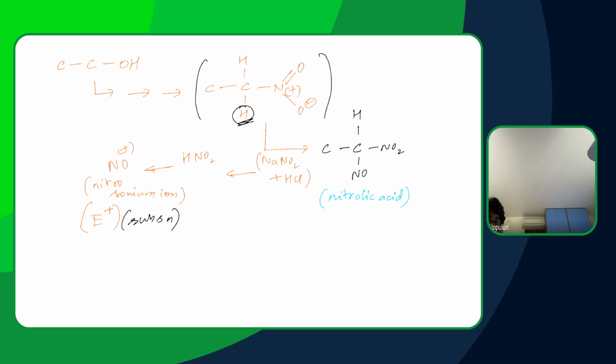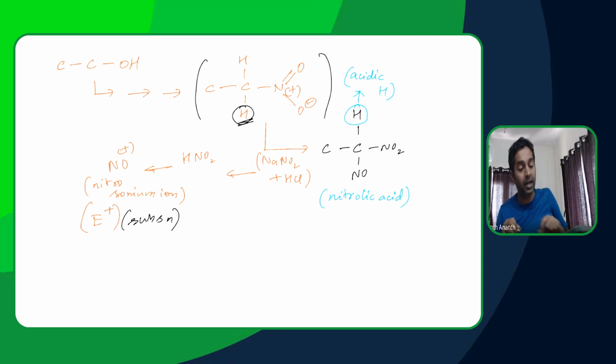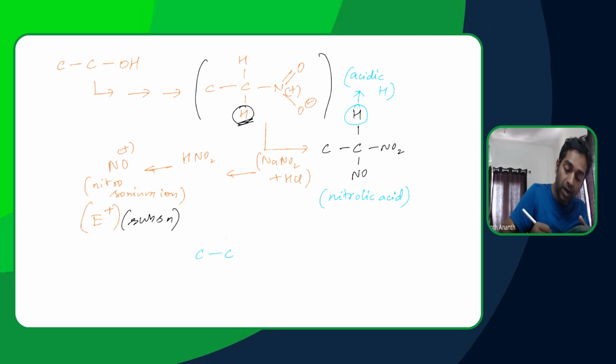Now, the idea here is that this hydrogen is an acidic hydrogen. Why is that hydrogen going to be an acidic hydrogen? Simply put, if you have a C minus here, then there is an NO ready to stabilize it, and an NO2 also ready to stabilize it.